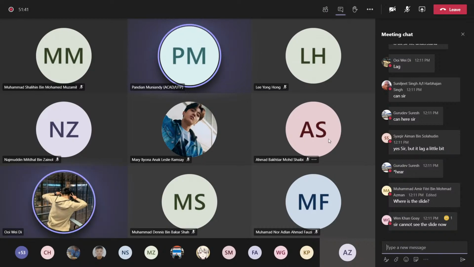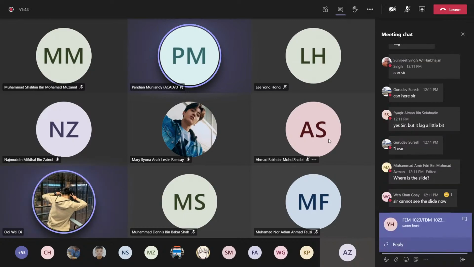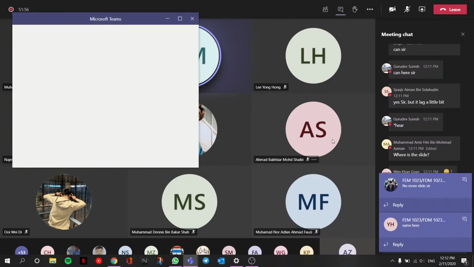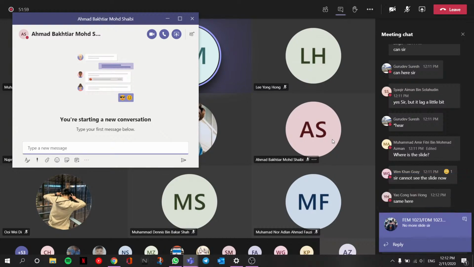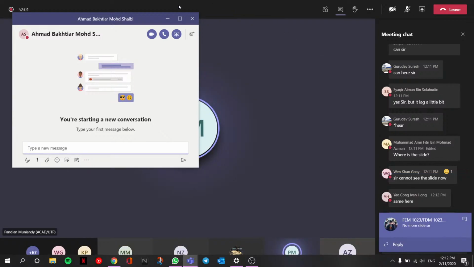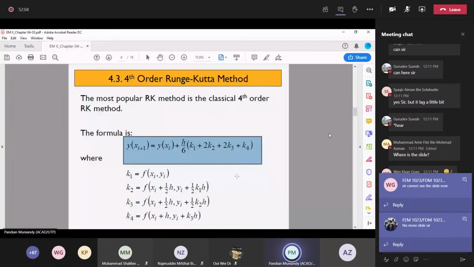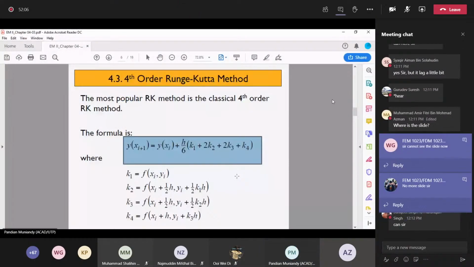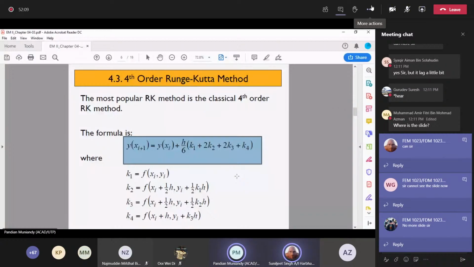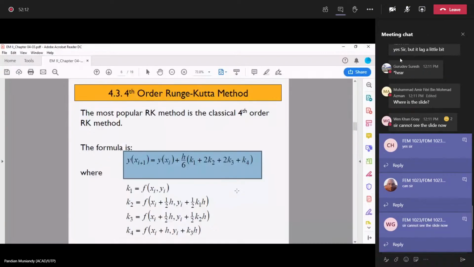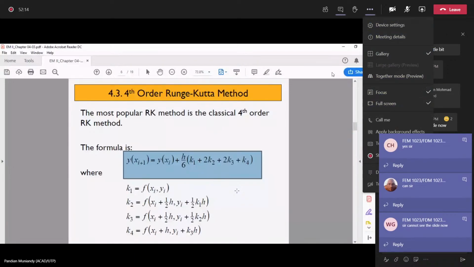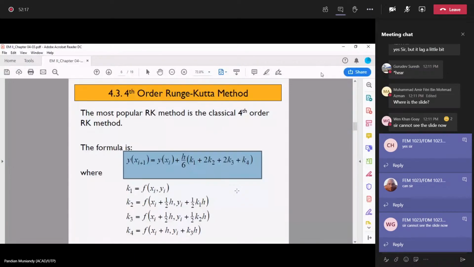Can you see the slide? Sir, no, sir, I cannot see the slide. Okay, now. Yes, it's visible now. Sorry, internet problem, yeah? So once the internet is out, the slide goes.